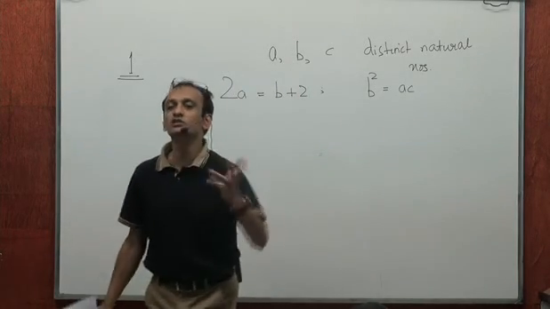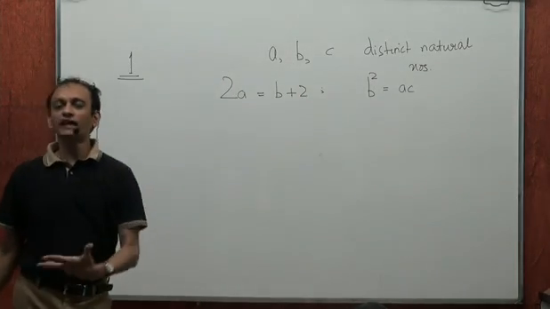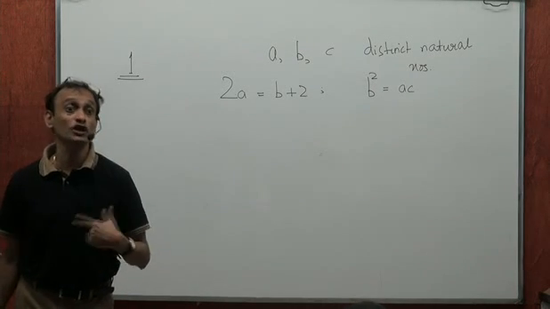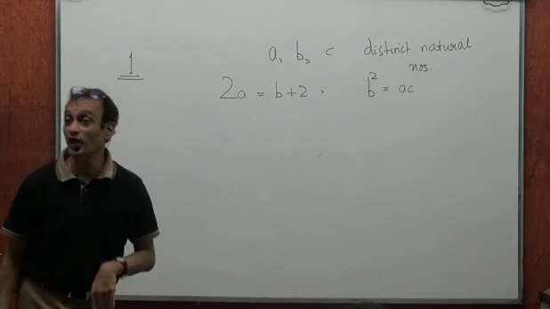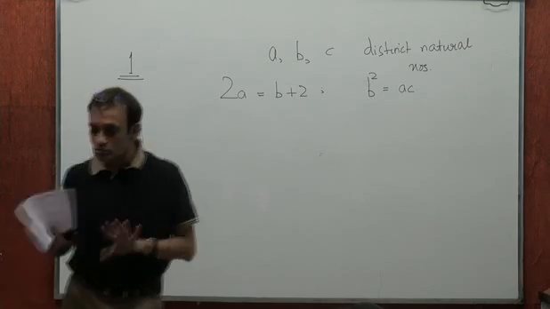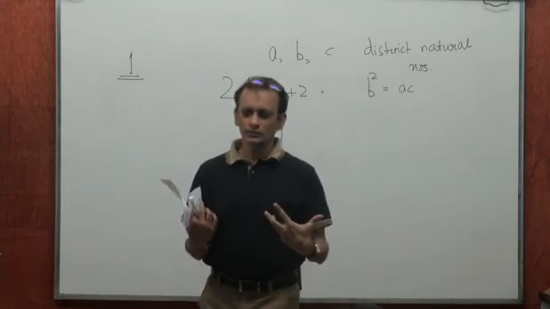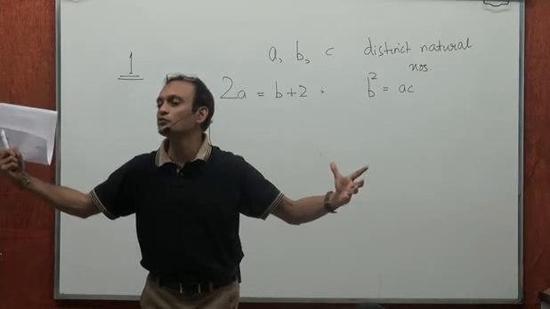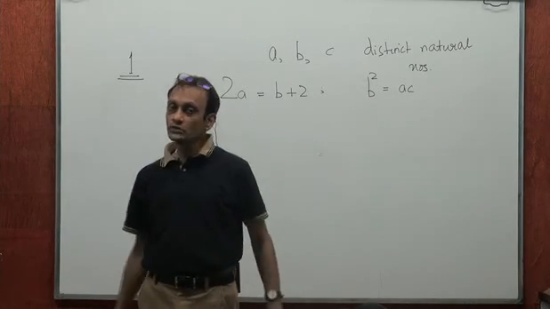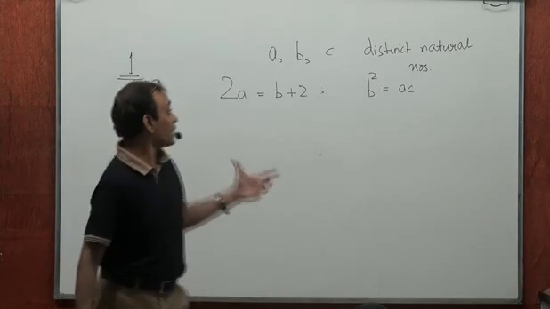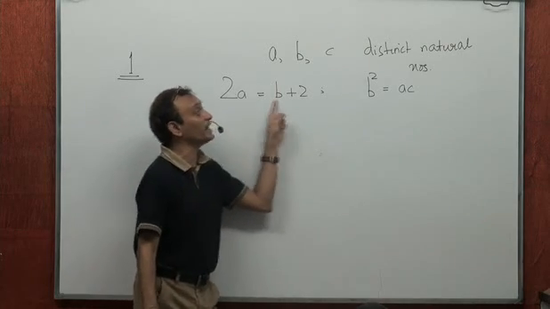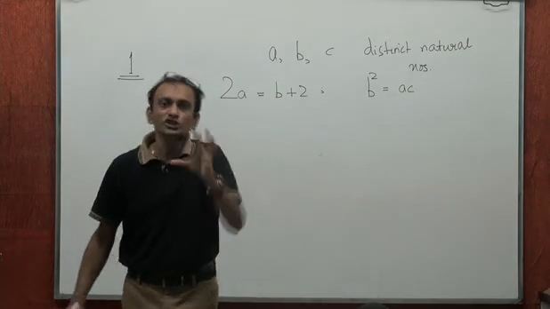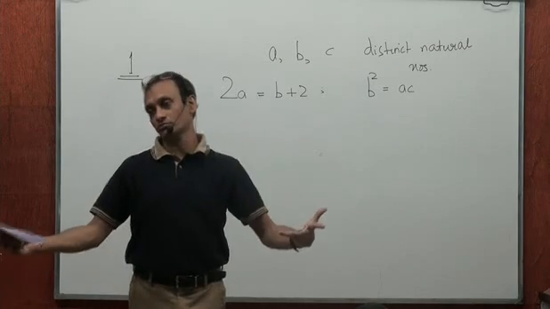Now, in school, they would often tell you if you have 2 unknowns, you will require 2 equations. If you have 3 unknowns, you will require 3 equations. If you have 4 unknowns, you will require 4 equations. Let's start breaking loose from this traditional incorrect way of looking at things. How many unknowns are there in this case? A, B and C. Yet there are 2 equations. Now each equation should be looked upon as a condition.